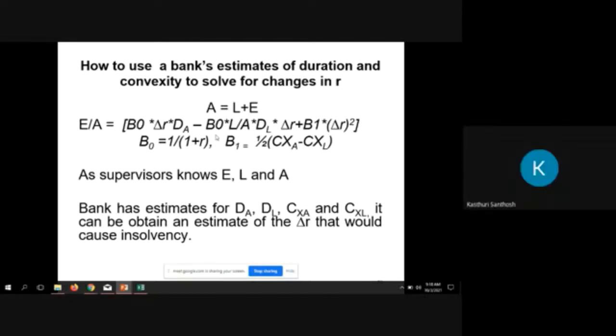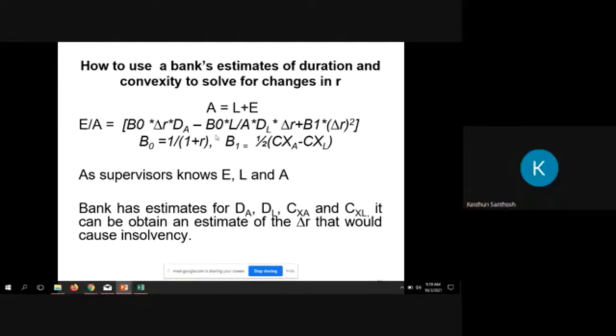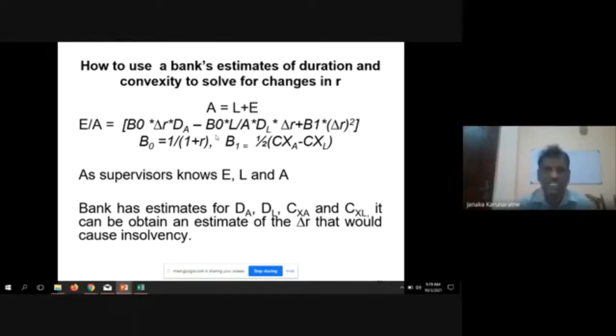Is that 3.2? Sorry? 3.2? Anyone else? Kasturi, 3.2. Okay, let's hear from others. What is the duration gap?